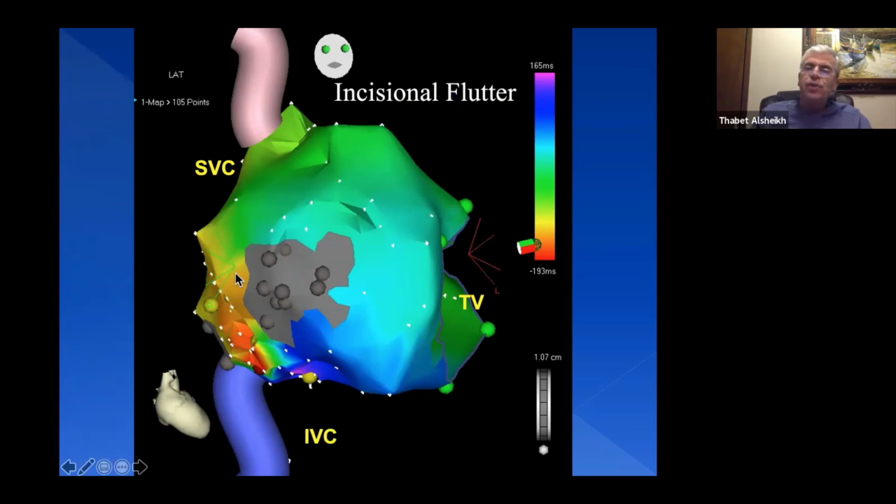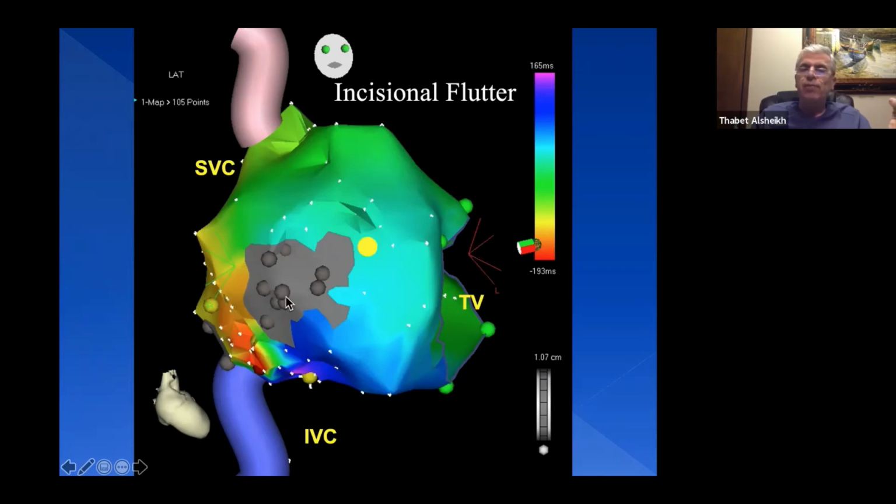And then during the tachycardia, we record earliest, then later, then later, then latest, and you go around. And earliest meets latest. That's typical of a re-entry. If it was focal, it would spread in all directions. This is typical activation timing for a re-entry around the scar in this patient. And that was the re-entry circuit in this patient.